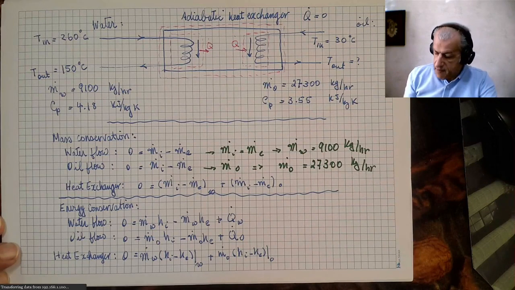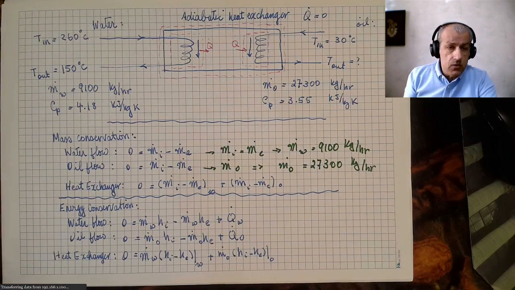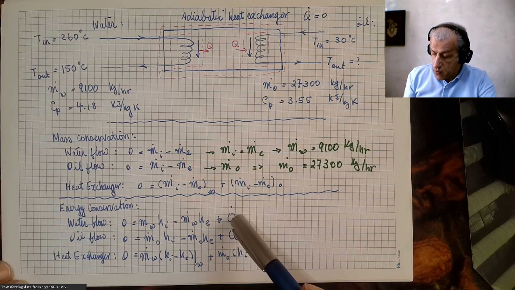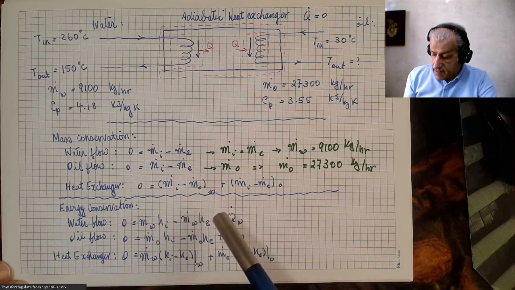So we have 3 equations, and we may now try to see which ones we can solve. Of course, what happens is that for the water flow, we have inlet and exit.